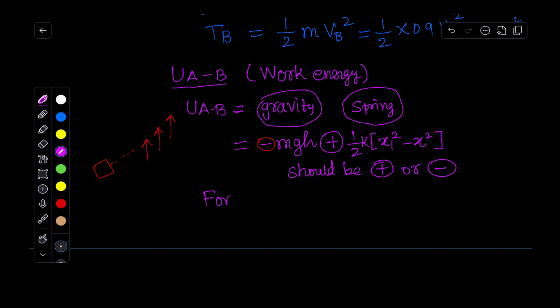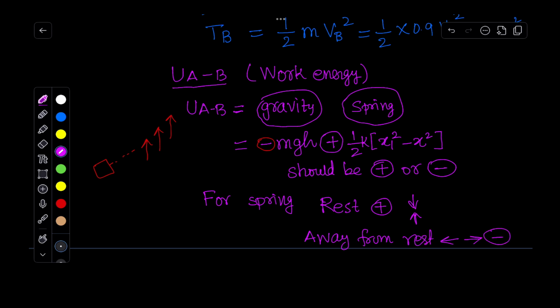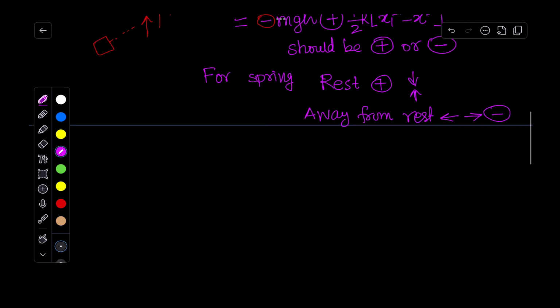So there is a simple rule here for the spring. When you are pushing it or pulling it, when a spring goes towards its rest position, the work will be positive. And if we are pulling it or pushing it, and a spring is going away from its rest position, then the work will be negative.